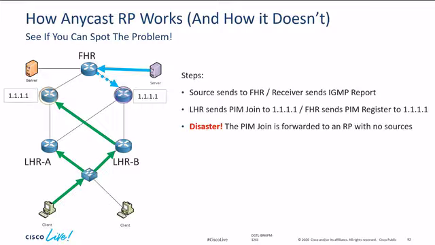So LHRB sent its PIM join to a different rendezvous point than the one that FHR registered the source. And this will never solve itself. This is not a problem that can resolve itself, because from each router's viewpoint, it's done what it was supposed to do. It just has no idea that 1.1.1.1 is distributed between multiple devices.